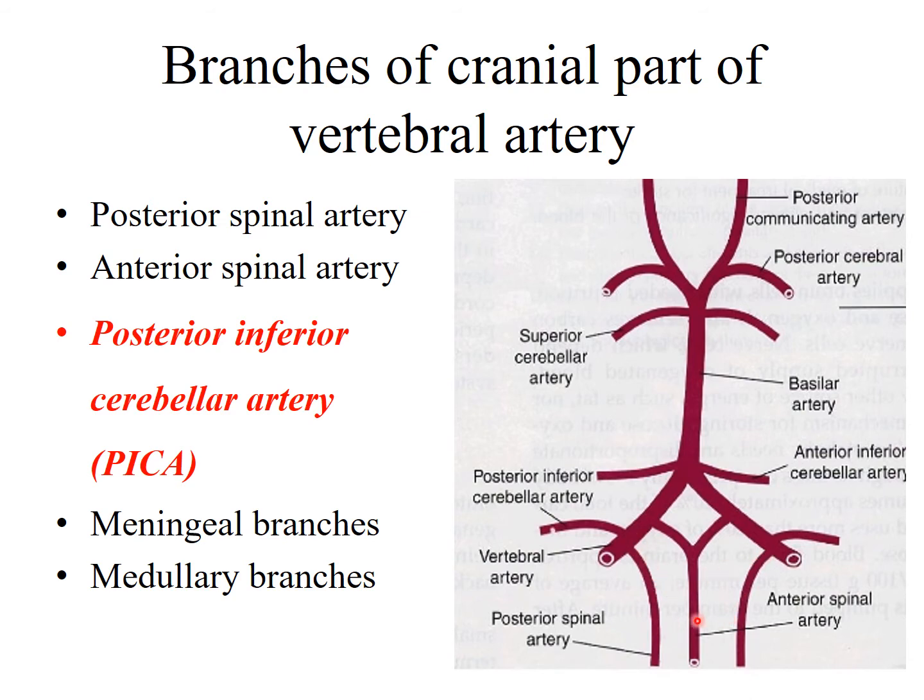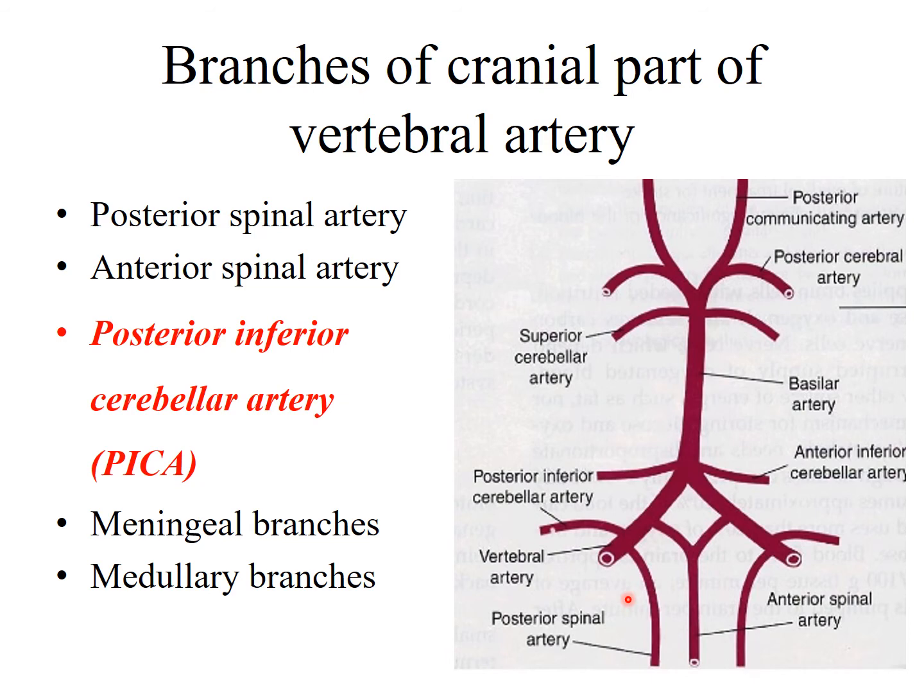The posterior spinal artery also arises from the vertebral artery on either side and descends down and supplies the spinal cord. There is one anterior spinal artery and two posterior spinal arteries.